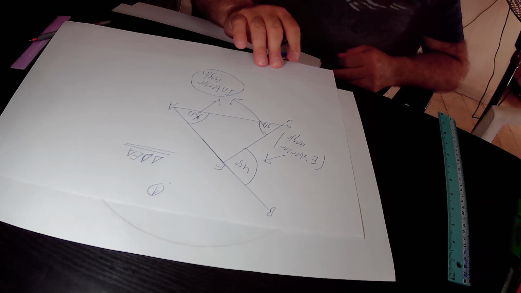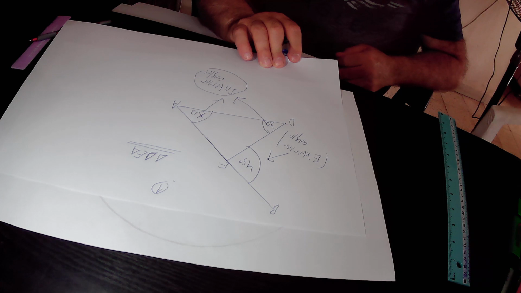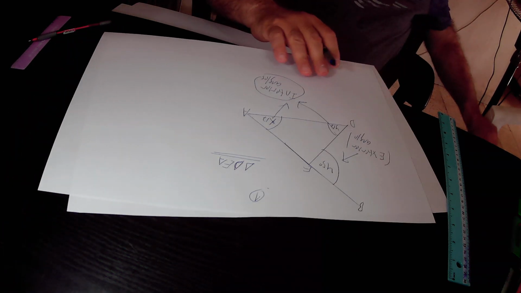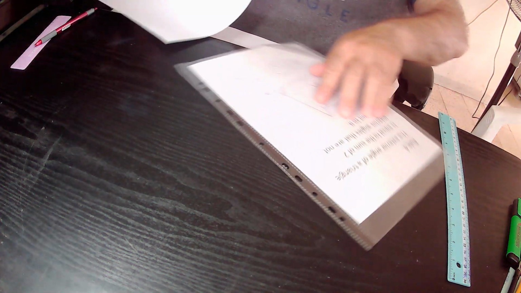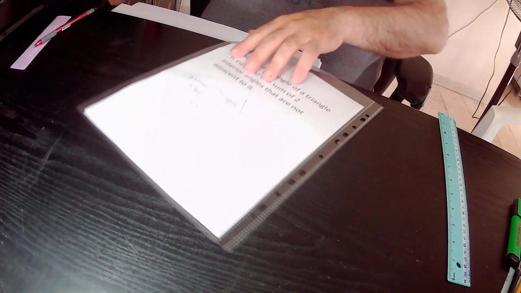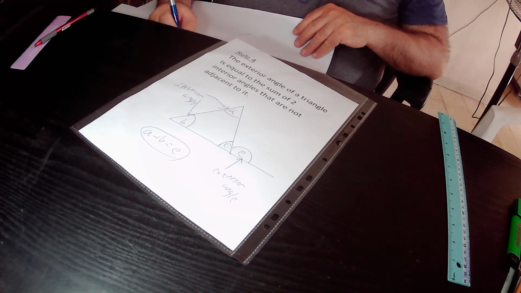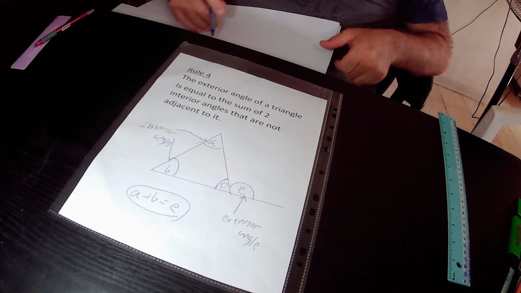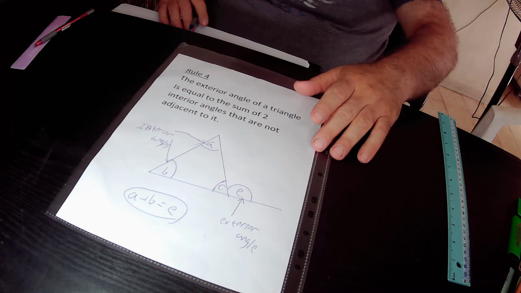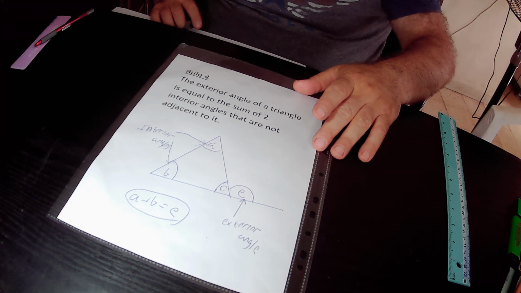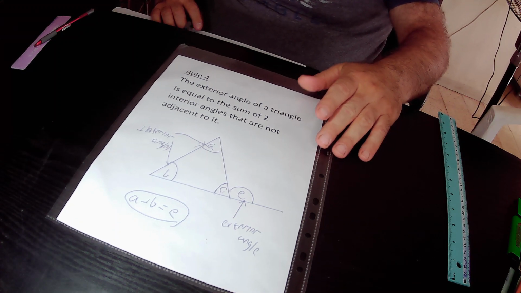Now, I will present to you rule 4, and we will implement rule 4 in our drawing. According to rule 4, the exterior angle of a triangle is equal to the sum of the two interior angles that are not adjacent to it.